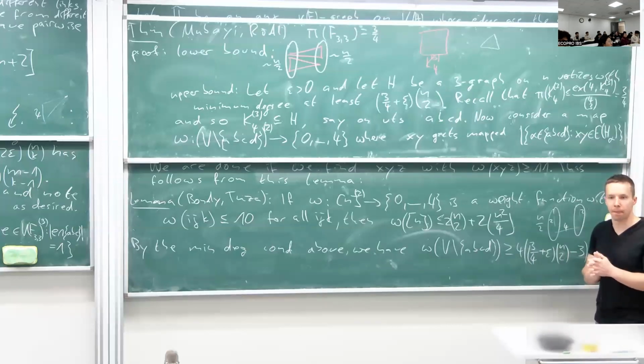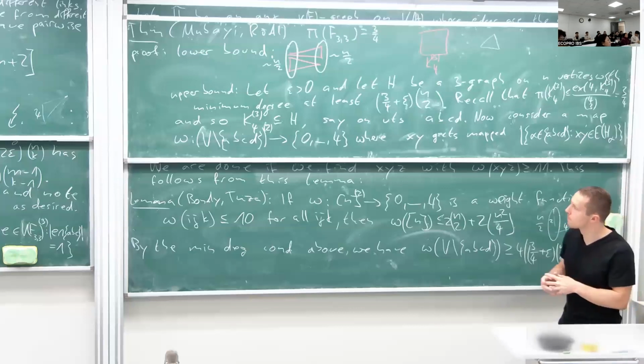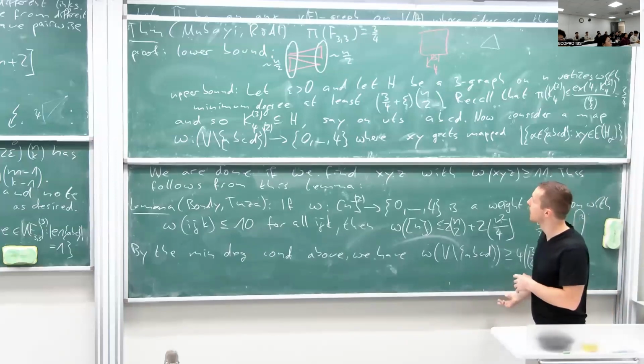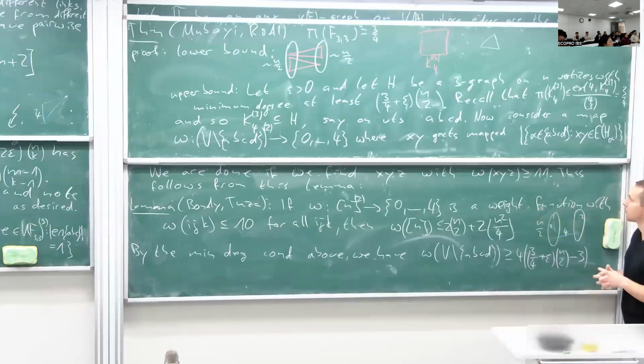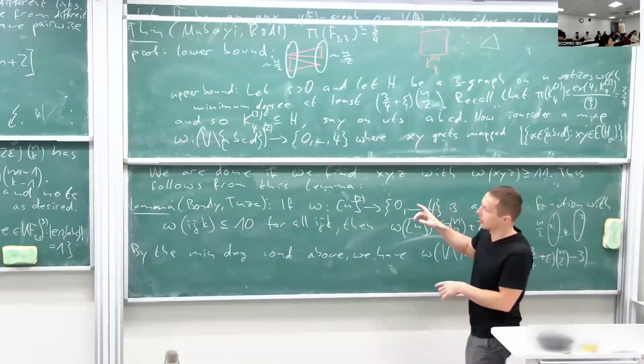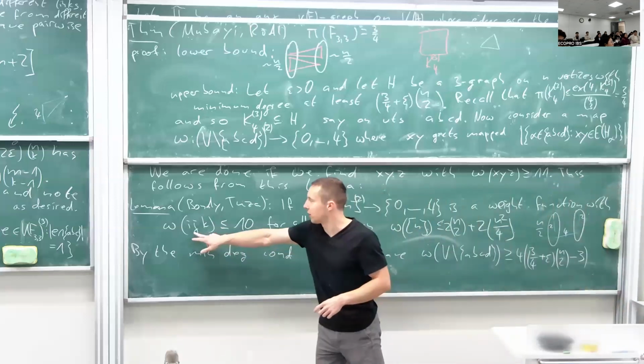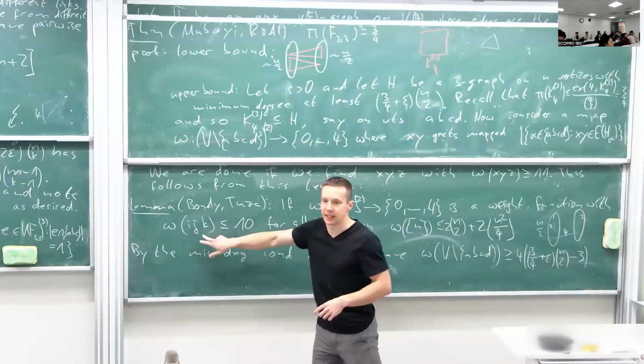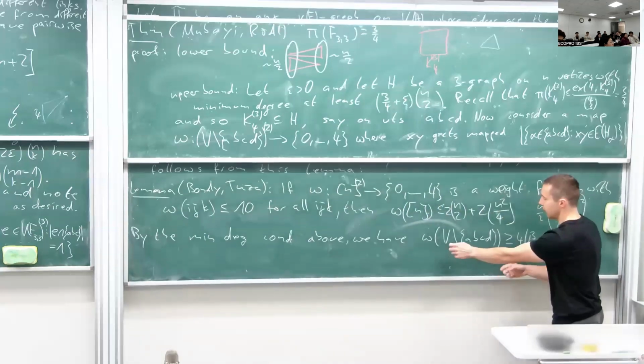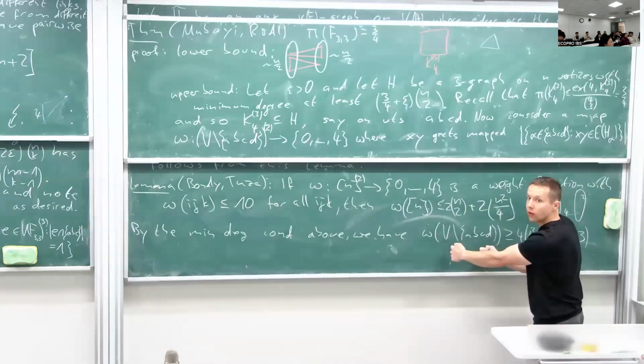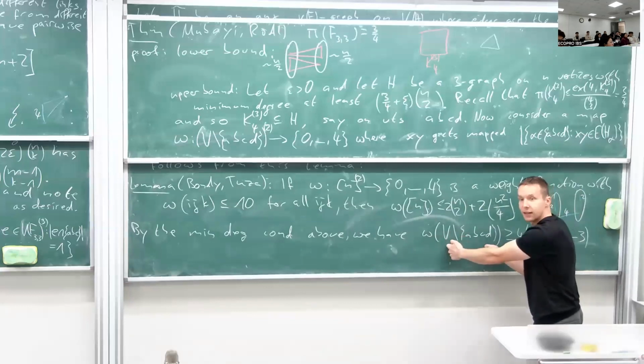Is there anything wrong on the last board? The first line says that we want to find X, Y, Z with its weight being bigger than 11. But weight is defined on 2-sets of V minus ABC. No, but this is what I said, right? Whenever I write just a set, like also here, it means the sum of the weights of all the pairs in that set.